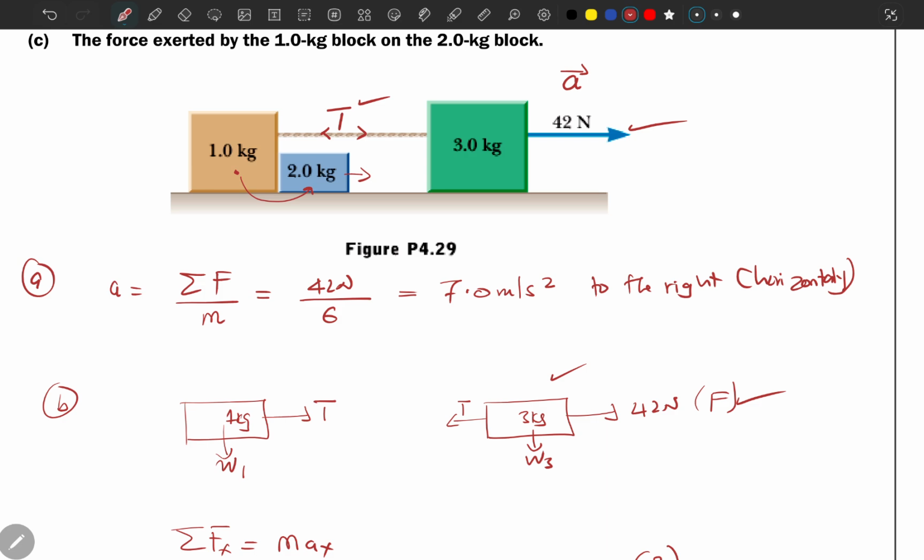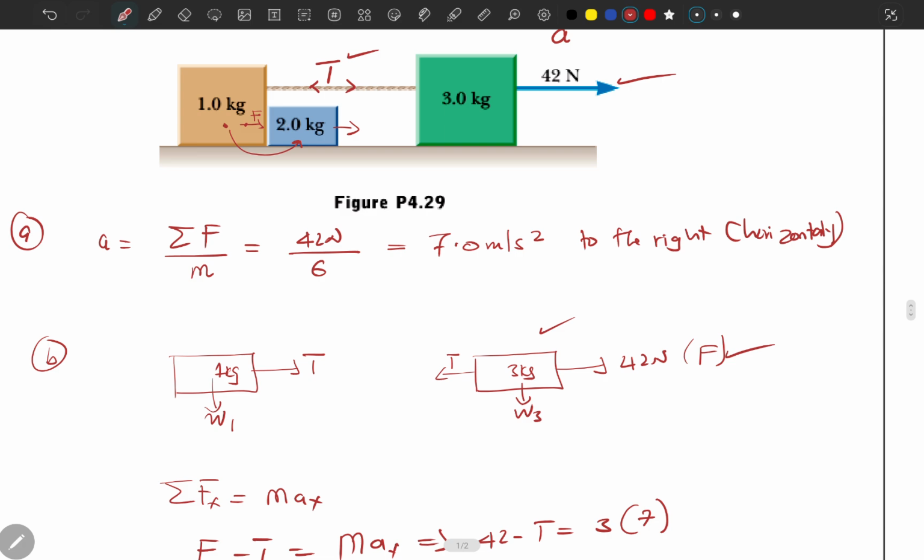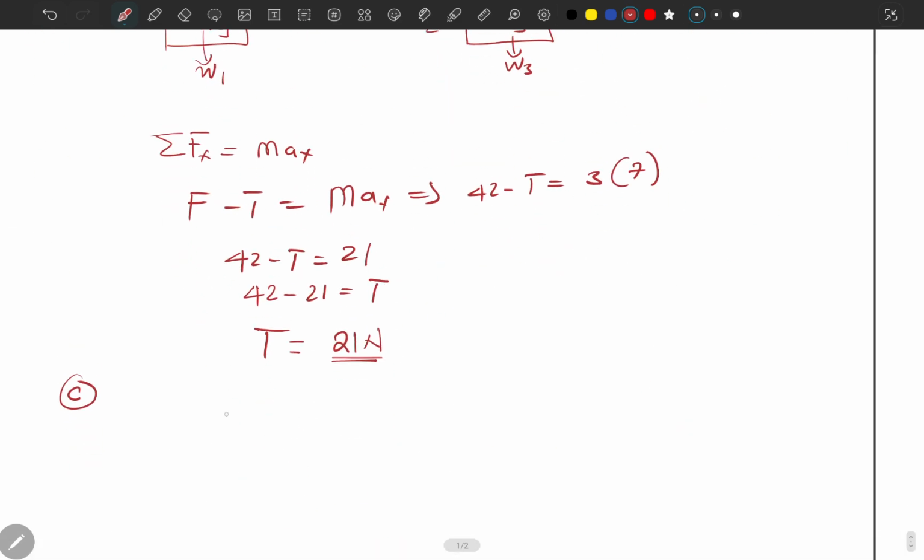Because of that, we are going to focus on the 2 kilogram. The mass will be the 2 kilogram because it's being moved by that one, meaning there's a force here causing this block to move. It's like you have the mass 2 kilogram, and there's a force here moving it. We know that the force will be equal to mass times acceleration.